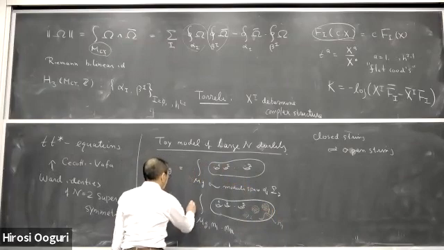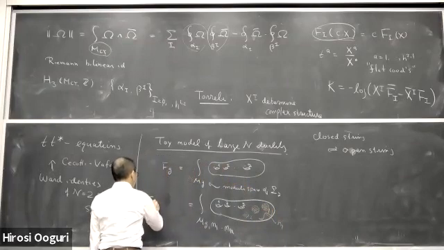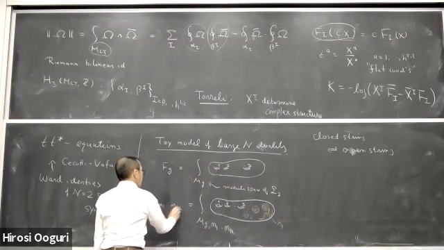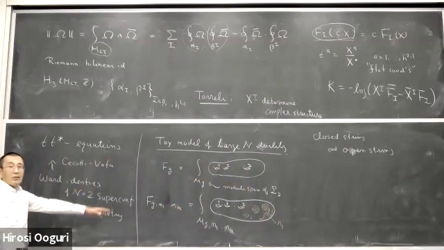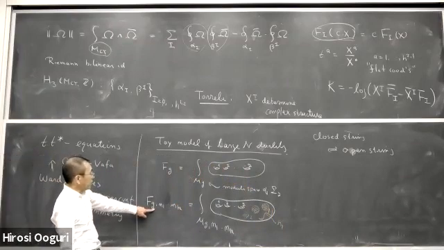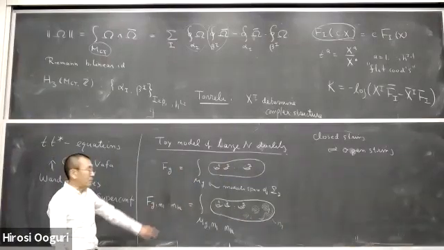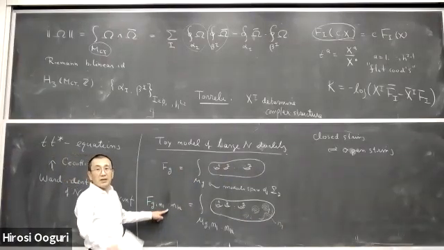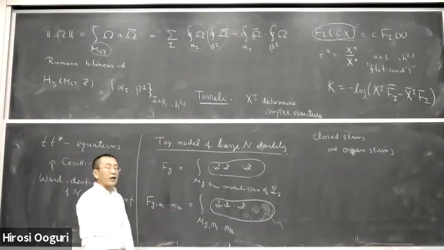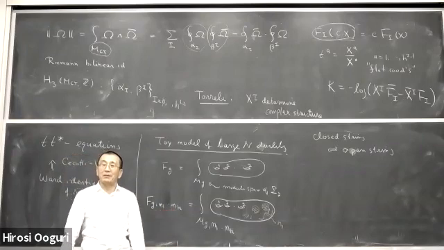So let's define this amplitude in this way. Suppose there are k types of different boundary conditions, and suppose you have a genus g Riemann surface with N1 of the first type of boundary, N2 of the second type of boundary, Nk of the k-th type of boundary, for example.